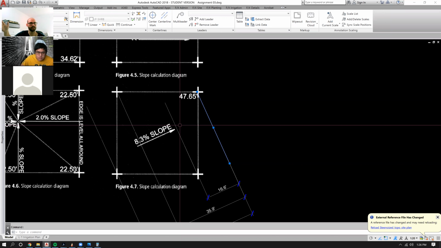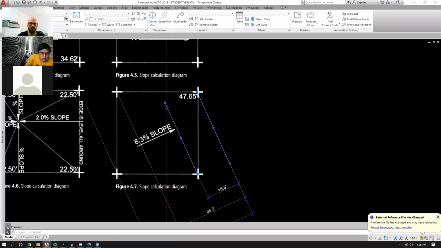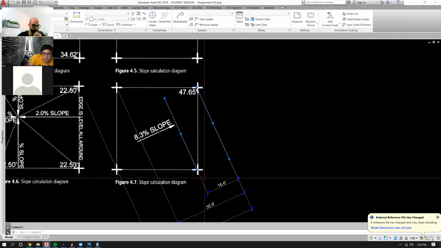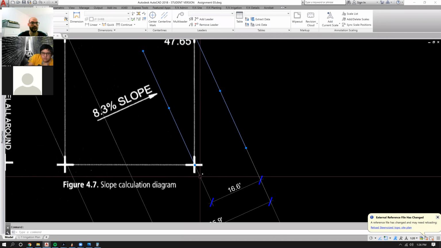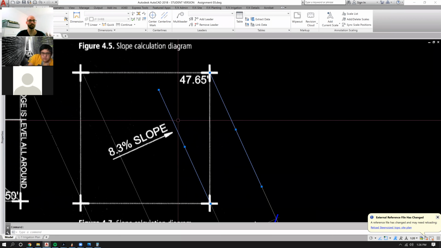So I can take that same line, as long as I'm going parallel now, and put another one of those lines on the next point that I'm trying to figure out, right? And because I'm perpendicular to the direction of the slope, I know that between those 2 lines, I have an 8.3% slope.